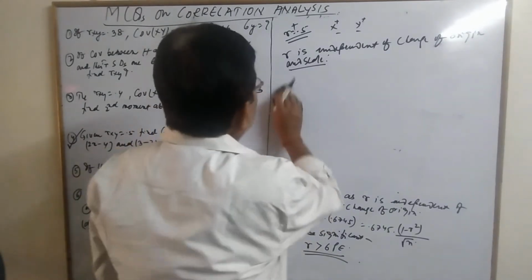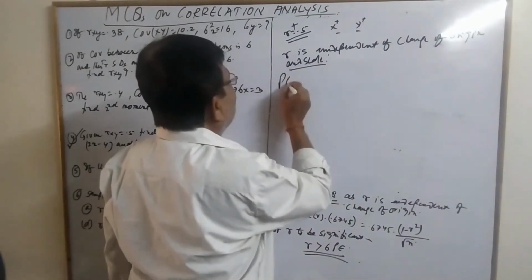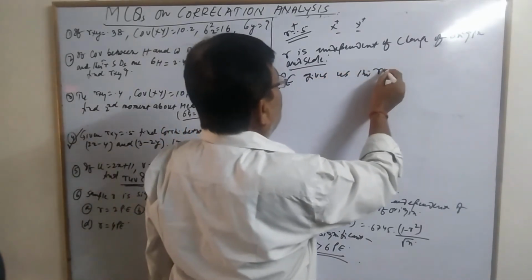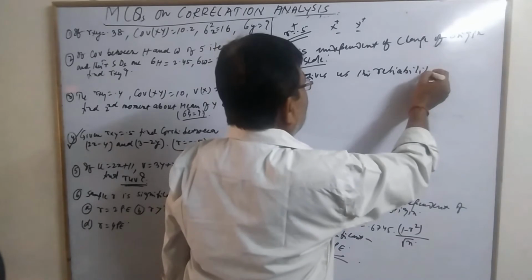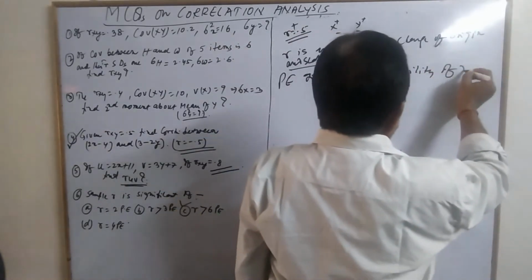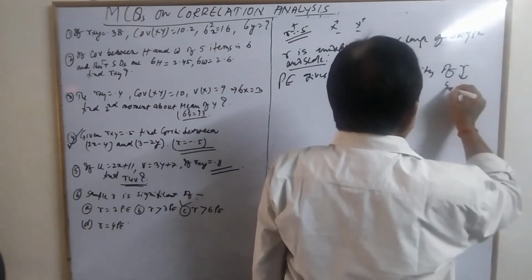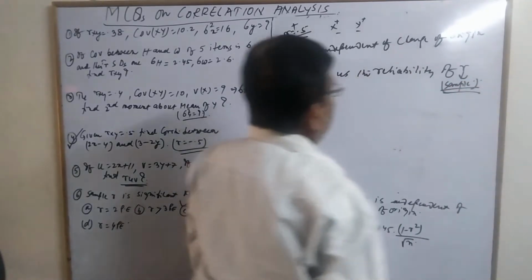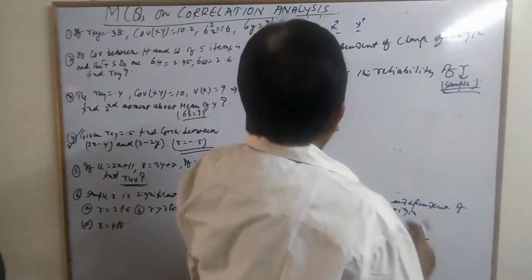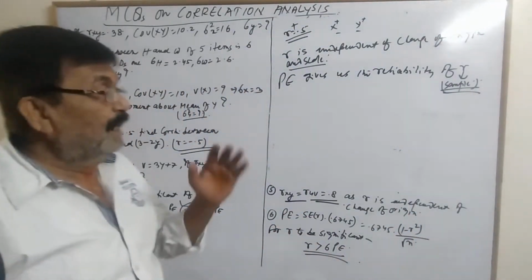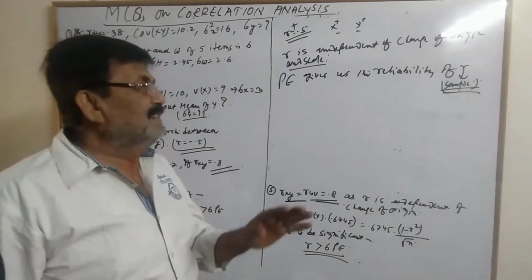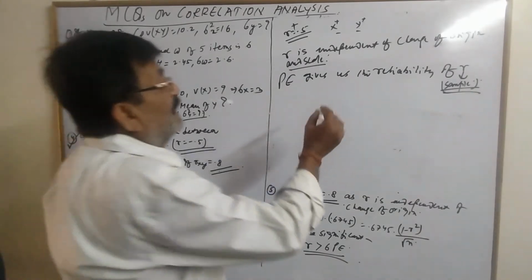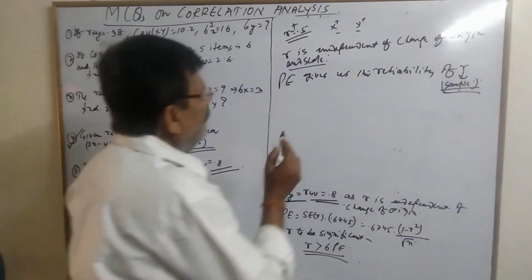Probable error gives us the reliability of R, of course sample R, keep it in mind. From the sample, whatever R we get, how far it is reliable or how far it could be used in further mathematical algebraic expressions and explanations depends upon the comparison between R and probable error.